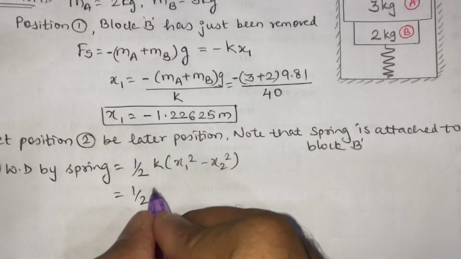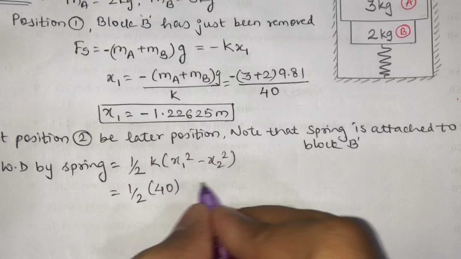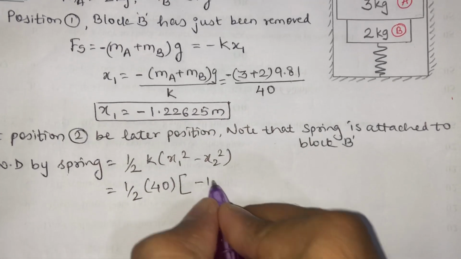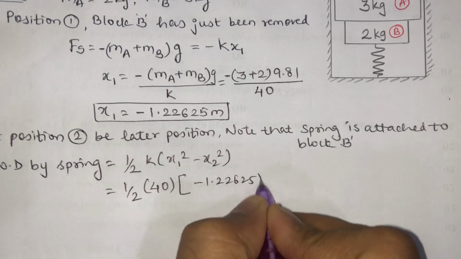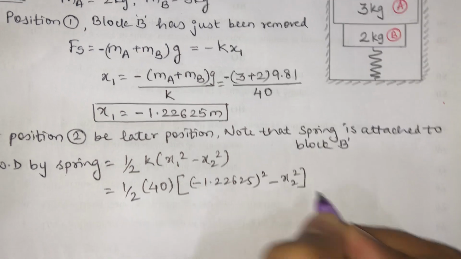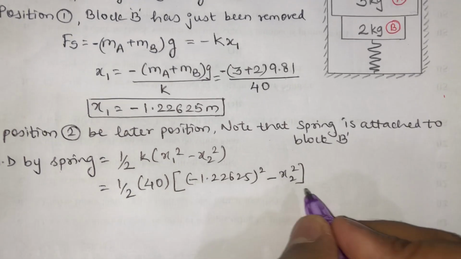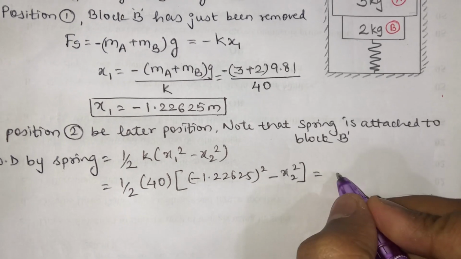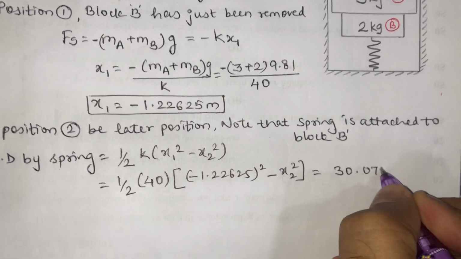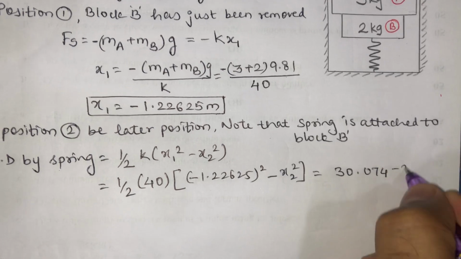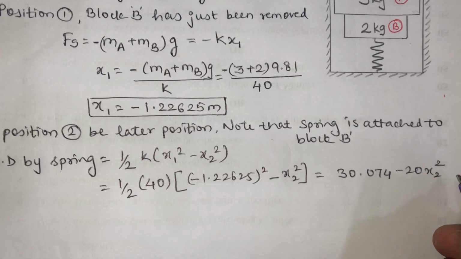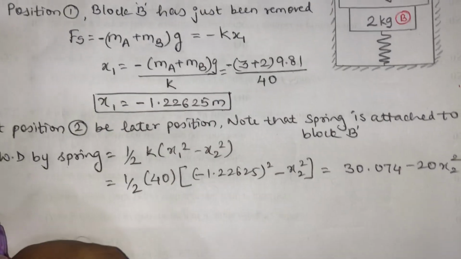So here half K is 40, x1 is this value, minus 1.22625, squared, minus x2 square. If we equate this, we get 30.074 minus 20 x2 square. This is my work done by the spring force.